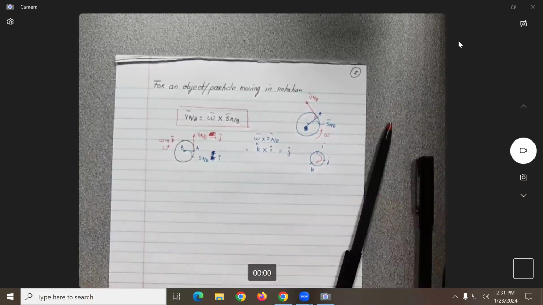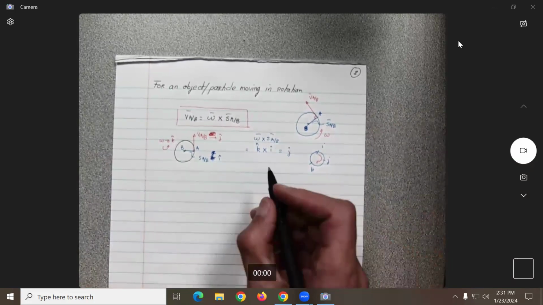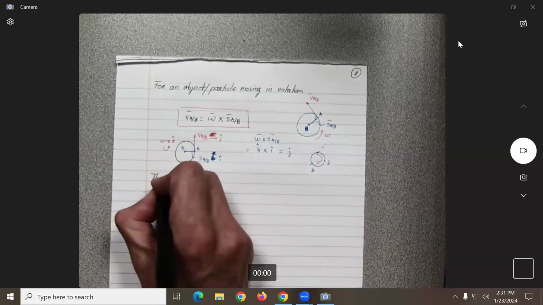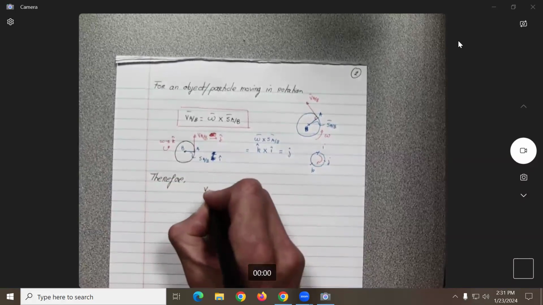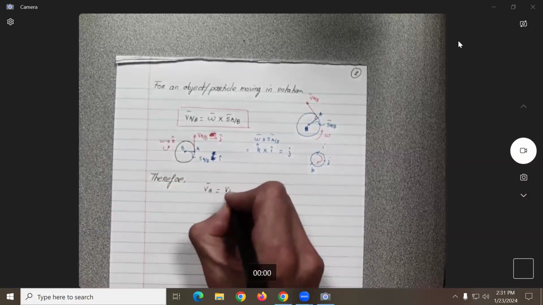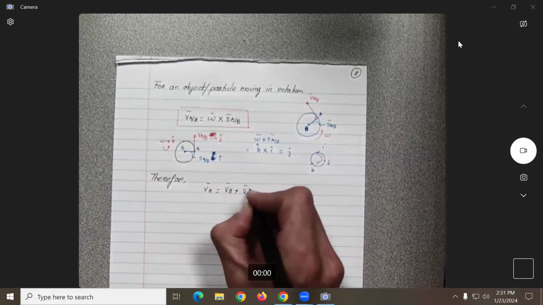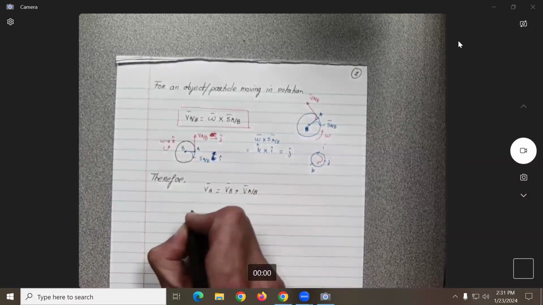Okay? So therefore, the equation that we had before, VA equals VB plus velocity of A with respect to B, becomes what?